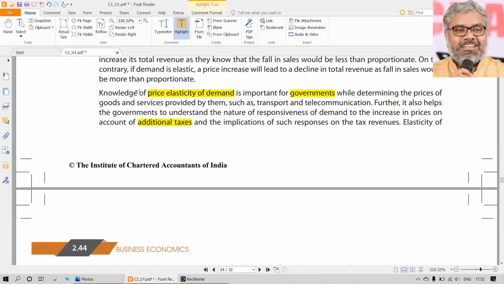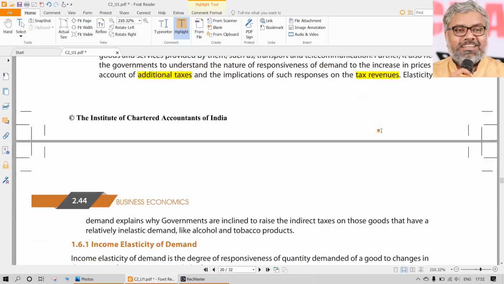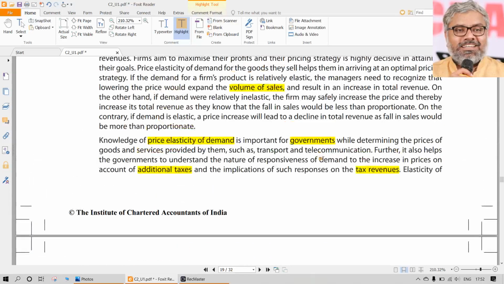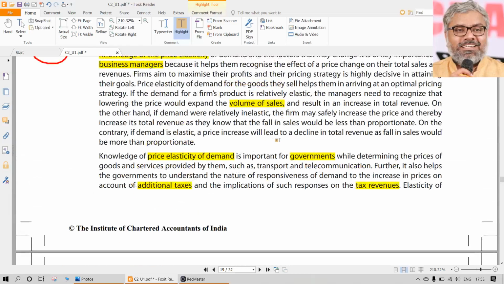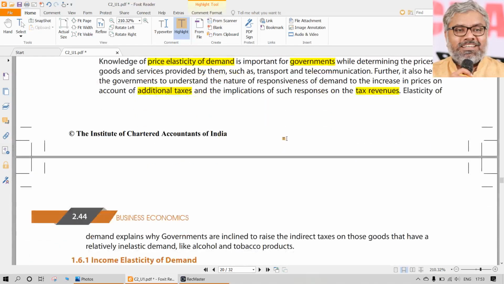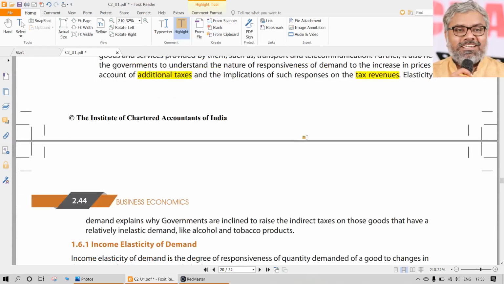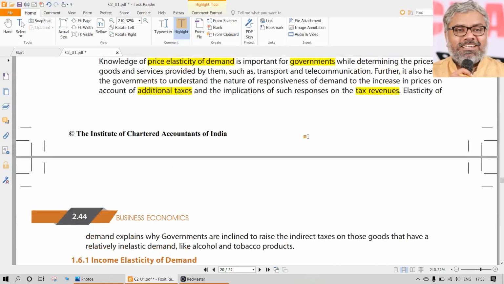So keeping that in mind, governments know the psychology of the people very well, so they will levy additional taxes, and naturally they increase their tax revenues. That is how the elasticity of demand will have an impact on business decisions. Not only business decisions, even governmental decisions of levying taxes, etc. So that is the example given here.